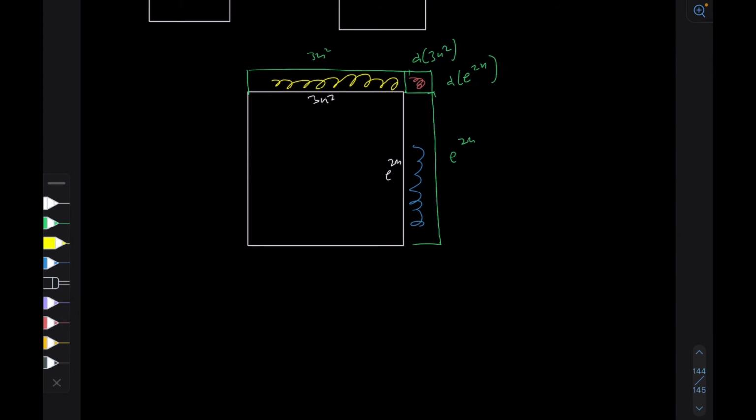So let's write these down. The change in y is 3x squared multiplied by the change in e to the 2x, right? Because this is its one length and this is the other length, plus the e to the 2x multiplied by the change in 3x squared, right?